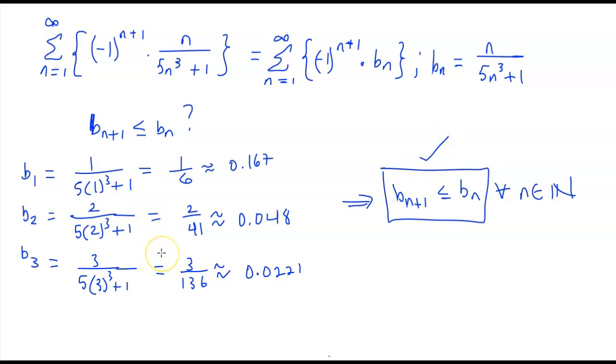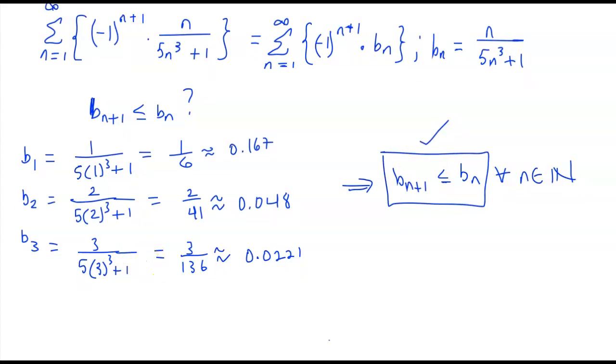Okay, so the second criterion that we need to see is, is the limit as n approaches infinity of b sub n going to be equal to 0. Okay. And so here, we'll just go ahead and evaluate that.